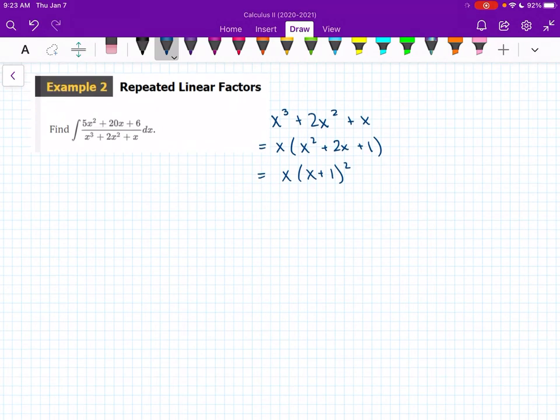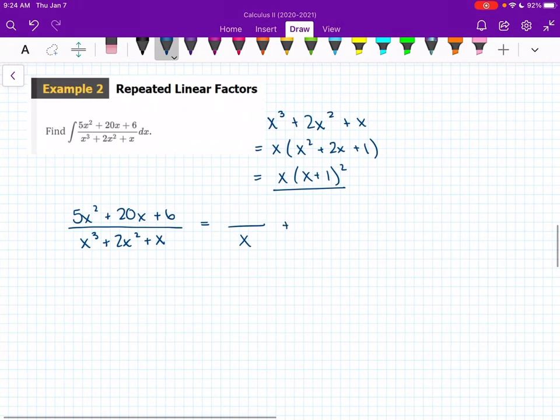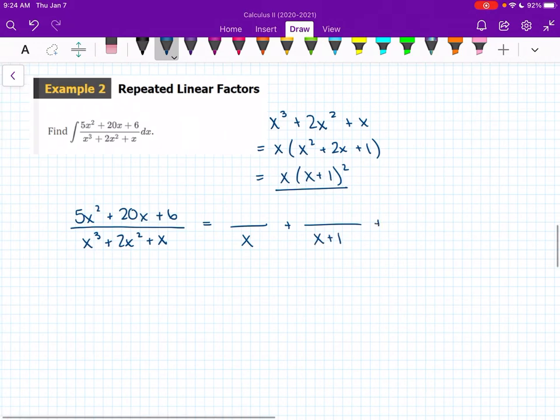So if I have 5x squared plus 20x plus 6 over x cubed plus 2x squared plus x, I want to set that equal to, and then here's my thing. So what we do is we put a denominator for each factor, but when I have a repeated factor, so x plus 1 is repeated, I'm going to make sure it's a denominator as many times as it is repeated.